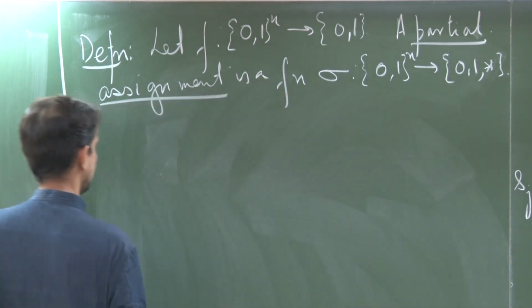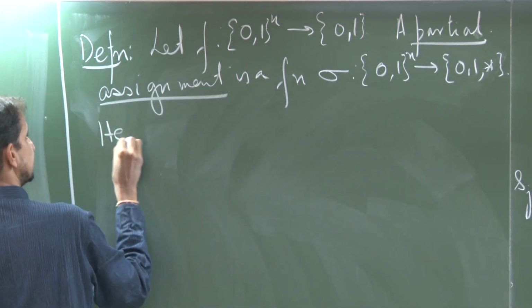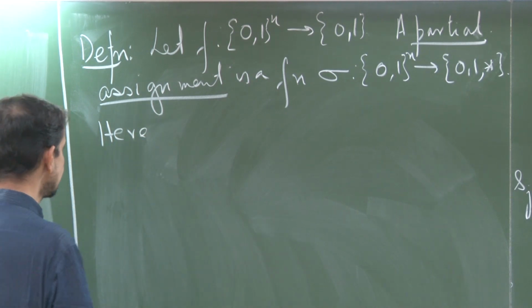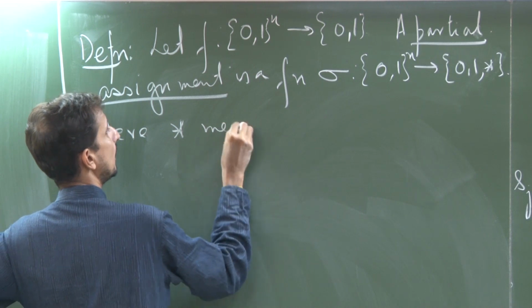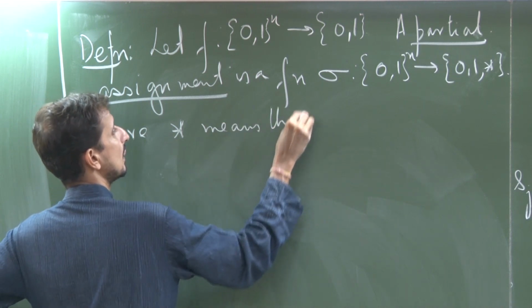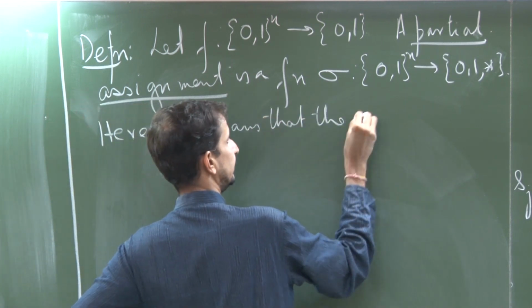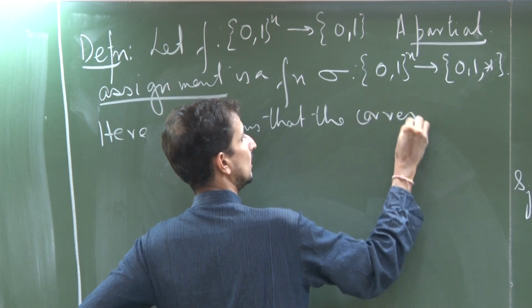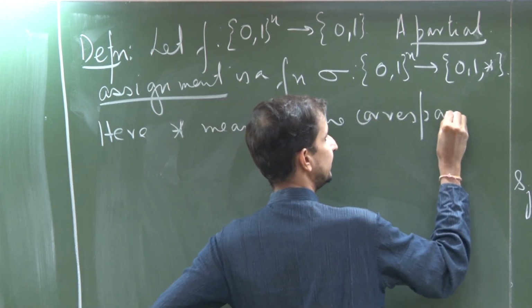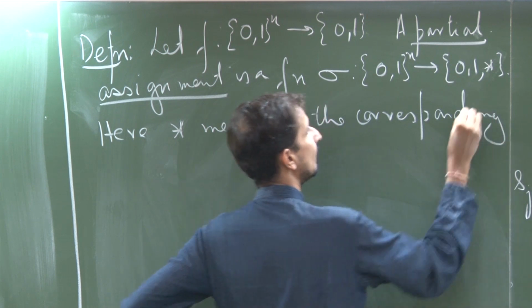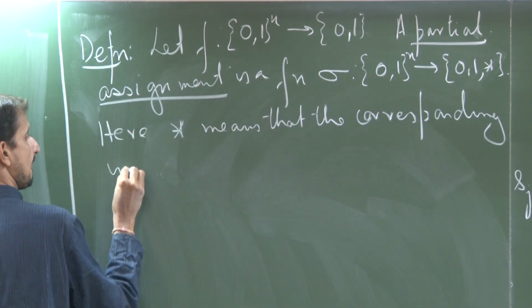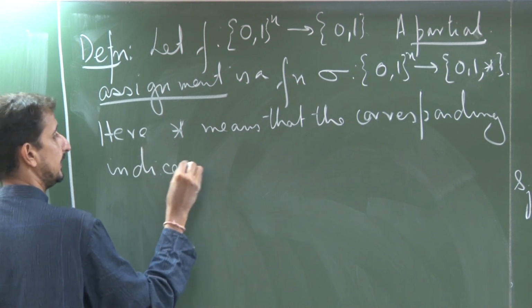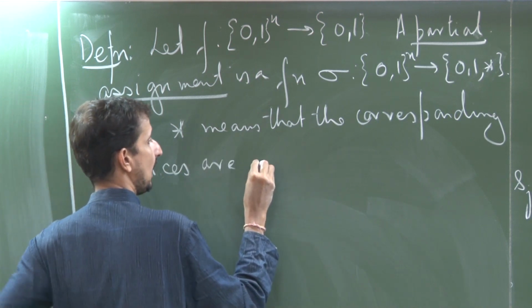This is what a partial function means, and just to understand the meaning of this, here star means that the corresponding indices are unassigned.